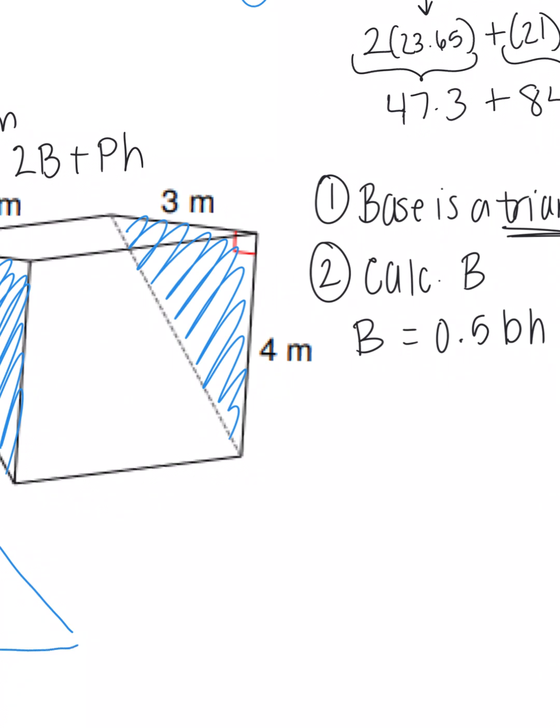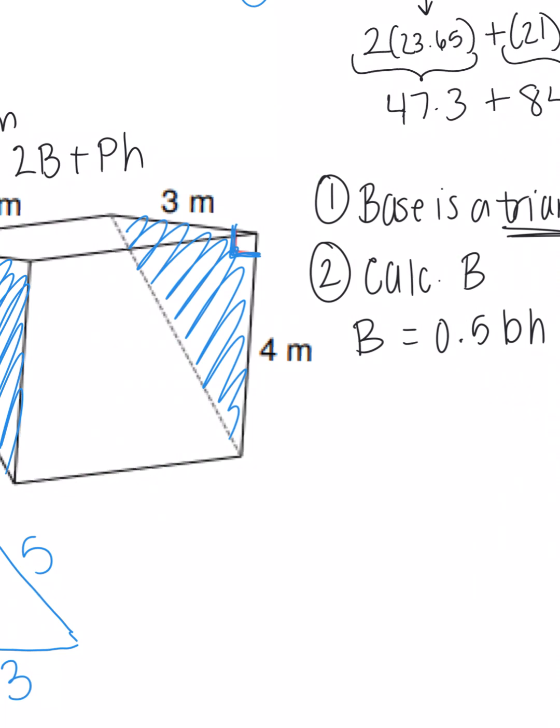I know it's a right triangle because you can see this right angle in the corner. And it looks like down here I have 3, right here I have 4, and then the slanted side was 5. I really don't care about the 5 when it comes to calculating the area of that base. I just want the base and the height.